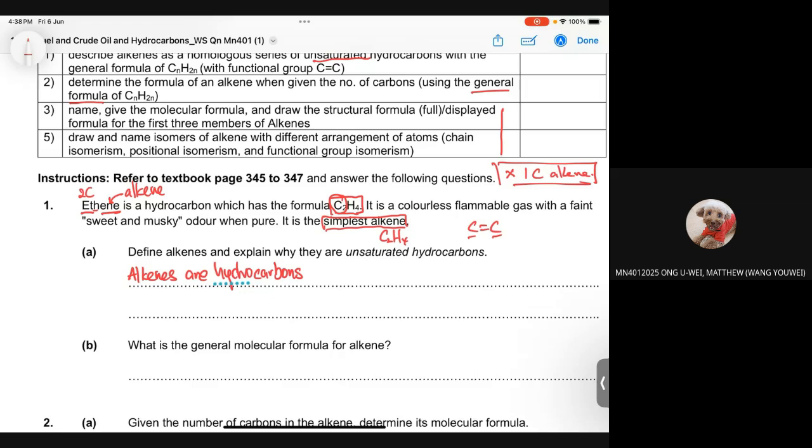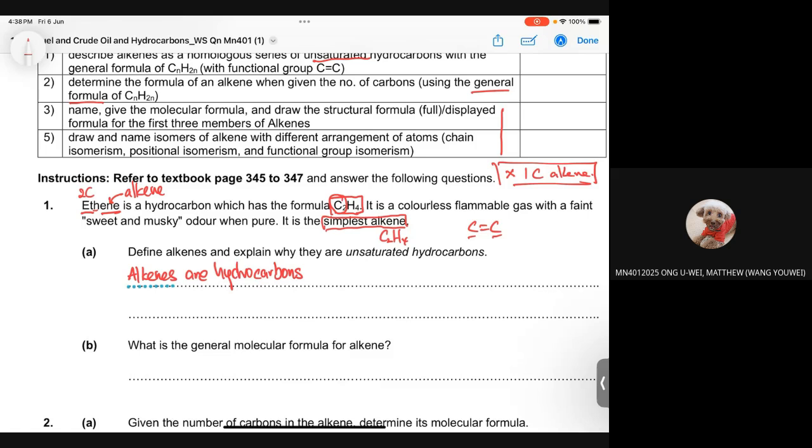Hydrocarbon, like the stuff that only has hydrogen and carbon inside. Okay, that's one part of it, correct. There's another thing. What kind of compound are they called? Organic. Organic, correct. Okay, so they are actually organic compounds. So hydrocarbons represent organic compounds with hydrogen and carbon only.